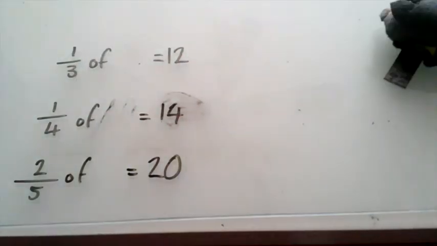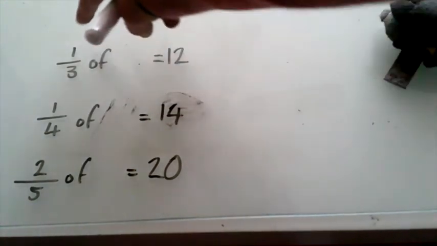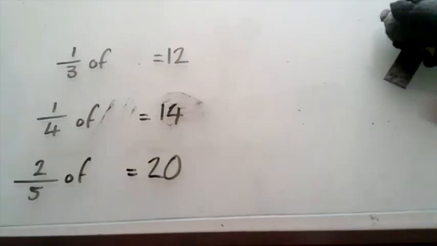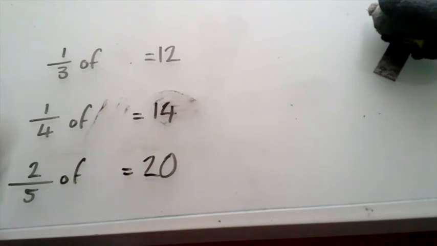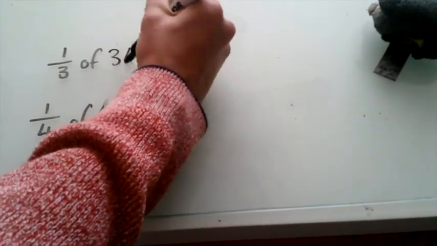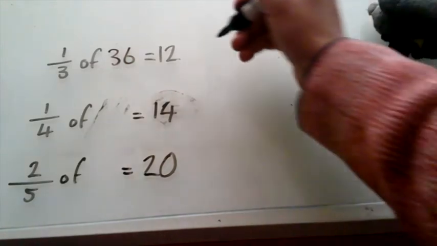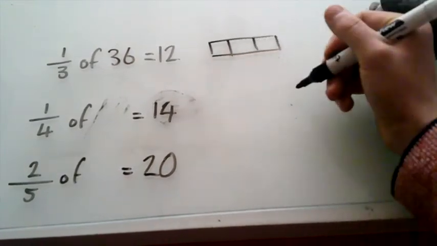So to work out 1/3 of something equals 12, we would do 12 divided by 1, which is 12, times by 3. So 12 times by 3 will give us 36.